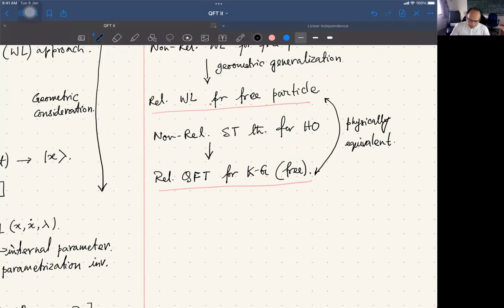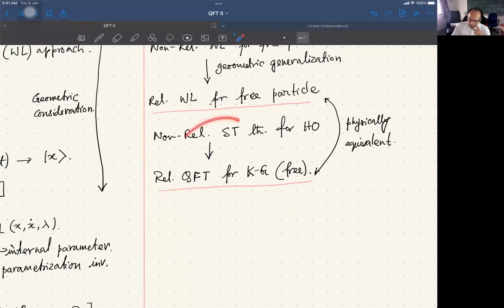This is what we would discuss today. One is that there exists an analogy, mostly mathematical analogy, between the non-relativistic harmonic oscillator and relativistic Klein-Gordon theory.